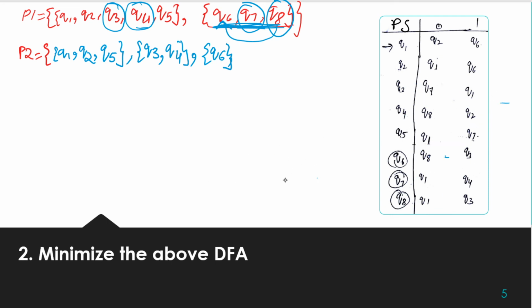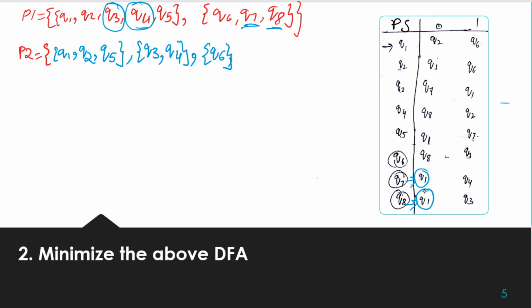Now we are comparing Q7 and Q8. From Q7 we are moving to state Q1 and from Q8 we are moving to state Q1.